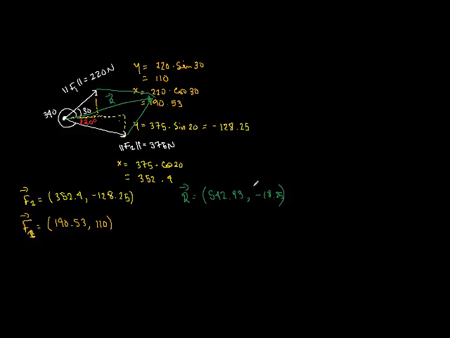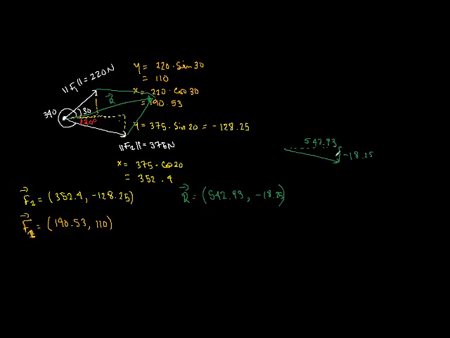Here's the resultant, and as you can see from the negative, we have a vector that kind of looks like this. So if this is my horizontal, then I've got this kind of resultant here, where the vertical is negative 18.25, and over here the horizontal is 542.93.